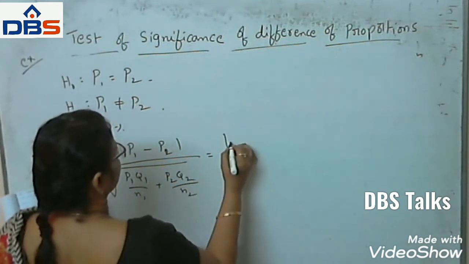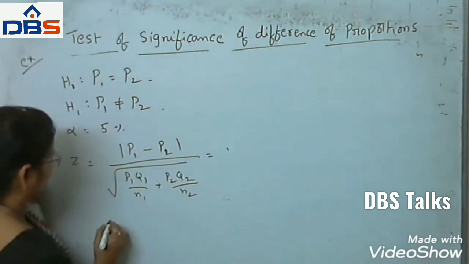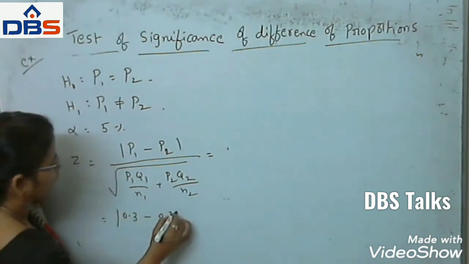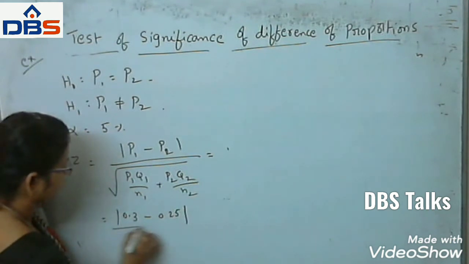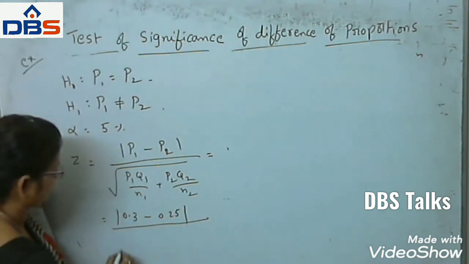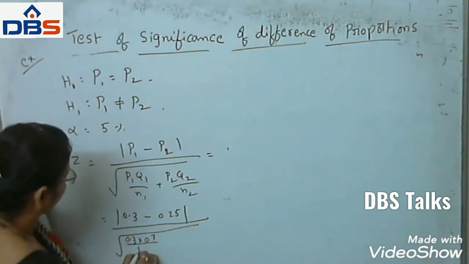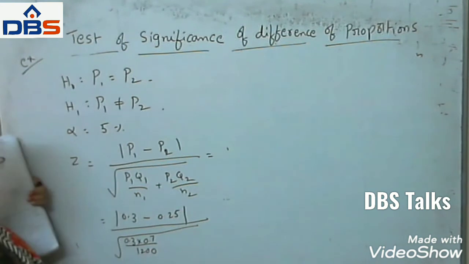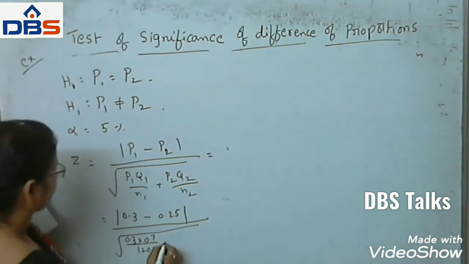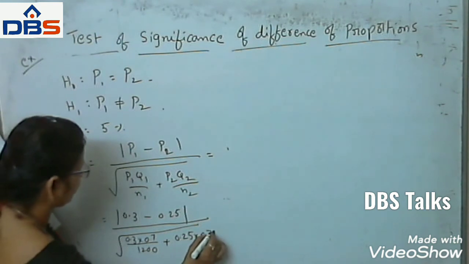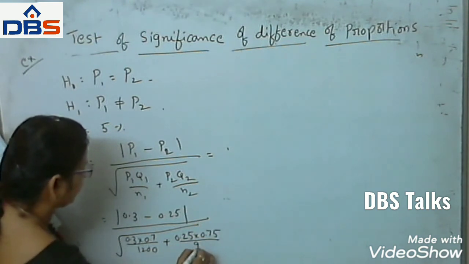Modulus of P1 0.3 minus 0.25 by root of P1 0.3 times 0.7 by N1 1200 plus P2 0.25 into 0.75 by 900.